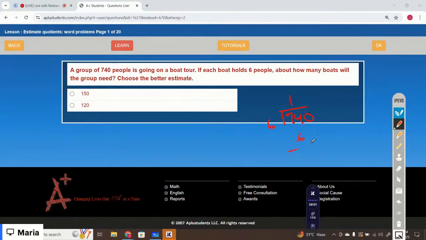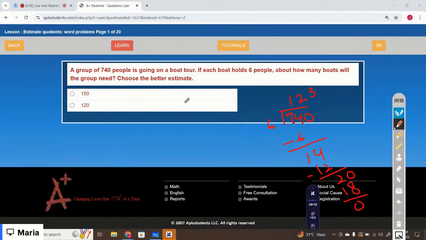Let's just see. 6 times 1 is 6. 7 take away 6 is 1, and bring 4 down. 6 times 2 is 12. 6 times 3 is 18.